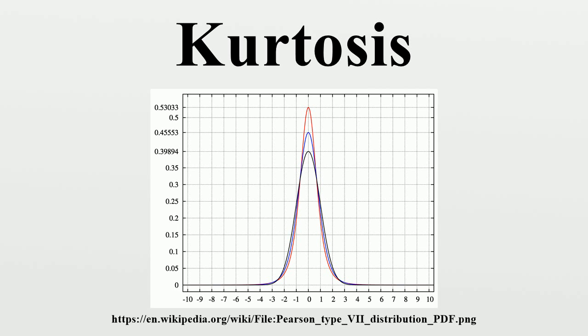D. Laplace distribution, also known as the double exponential distribution, red curve, excess kurtosis equals 3. S. Hyperbolic secant distribution, orange curve, excess kurtosis equals 2. L. Logistic distribution, green curve, excess kurtosis equals 1.2. N. Normal distribution, black curve, excess kurtosis equals 0.